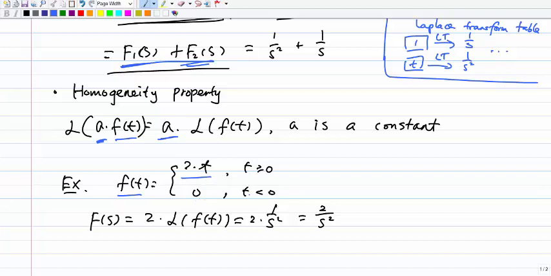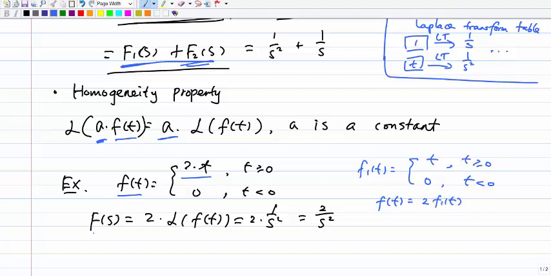Define f1(t) as t for t greater than or equal to 0, and 0 for t less than 0. So we can say f(t) is twice f1(t).